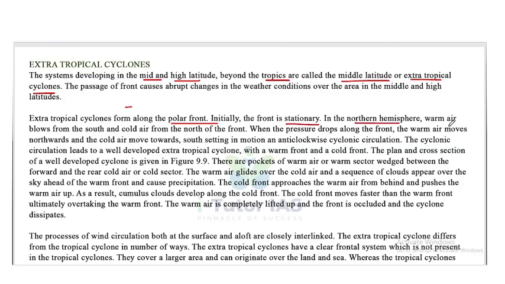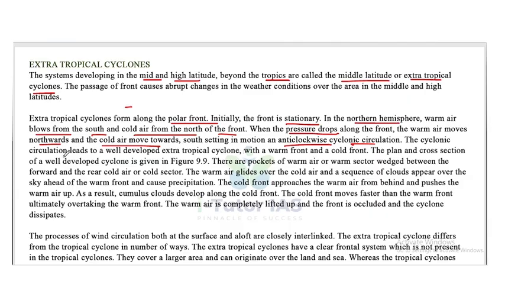In the northern hemisphere, warm air blows from the south and cold air from the north of the front. When the pressure drops along the front, the warm air moves northward and the cold air moves towards the south, setting in motion an anti-clockwise cyclonic circulation.